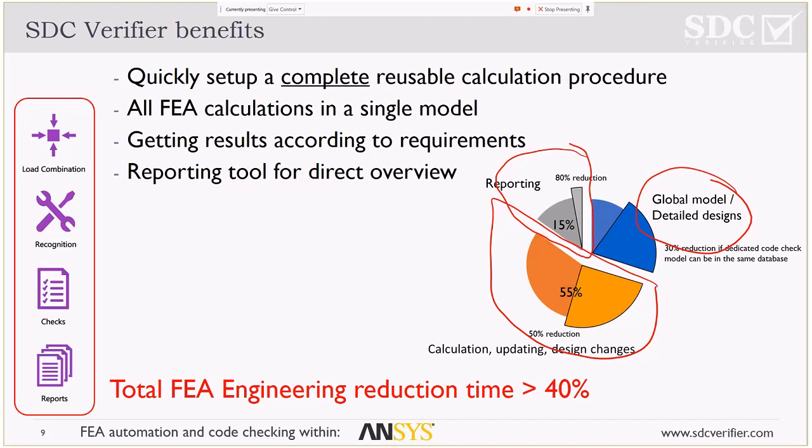Right, but perhaps we're getting into too much depth, I know some other systems can do the section change without having to rerun the analysis. It's just purely a post-processing exercise. So I'm just wondering whether you can do that in SDC Verifier. Yeah, we have that on the list as an improvement.